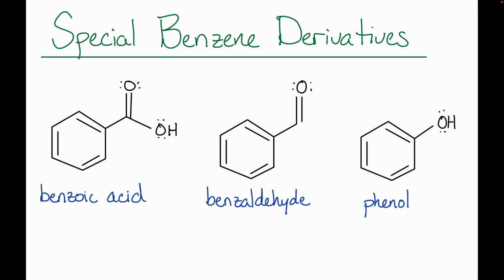Which is a little weird, but it does still have that OL ending that we associate with alcohols. So kind of an easy one to keep track of. Benzoic acid has that carboxylic acid group, benzaldehyde has that aldehyde group, and phenol has that alcohol group.